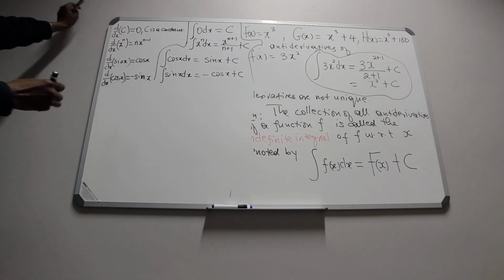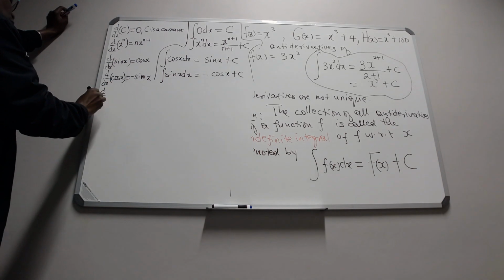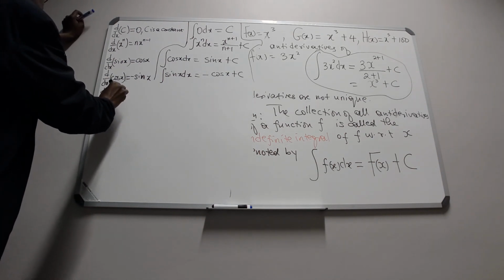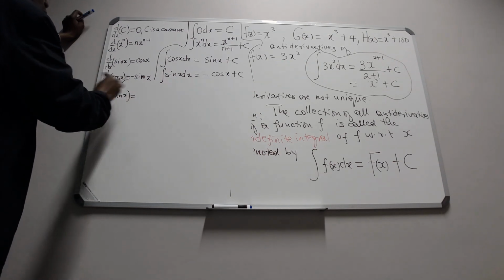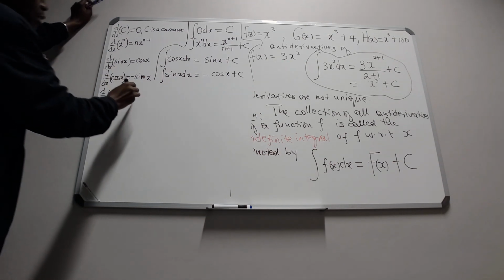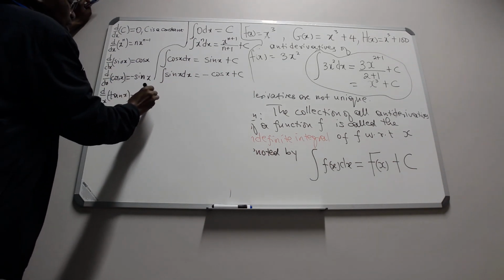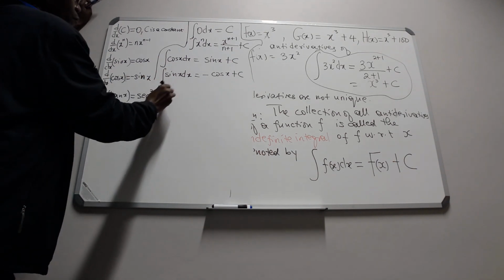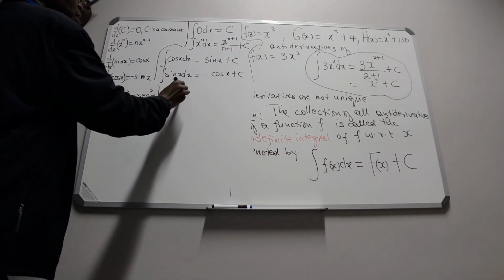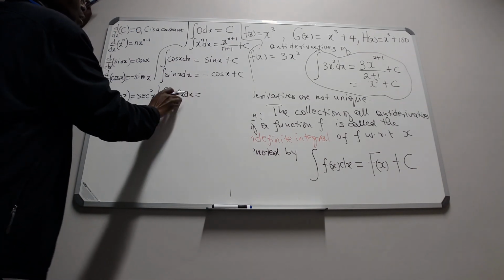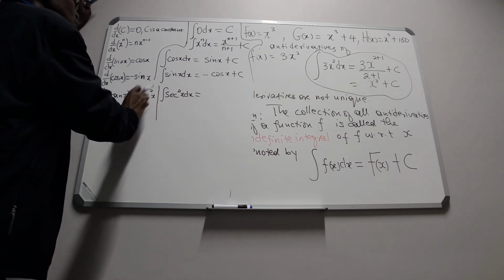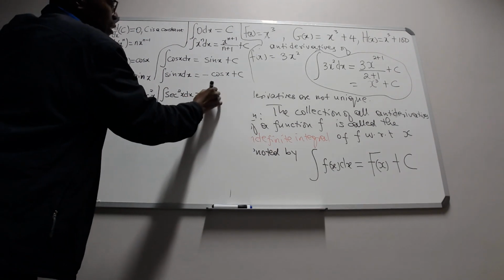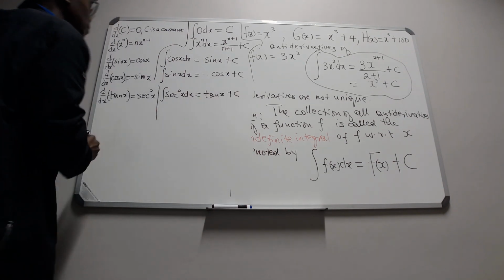And we can move on. Say, for argument's sake, we spoke of the tangent of x. The derivative of tangent of x is sec squared x. Then it means the integral of sec squared x dx, what did we differentiate in order to get sec squared x as an answer? We differentiated tangent of x, which is tangent of x plus c.